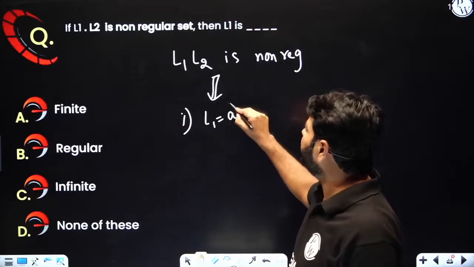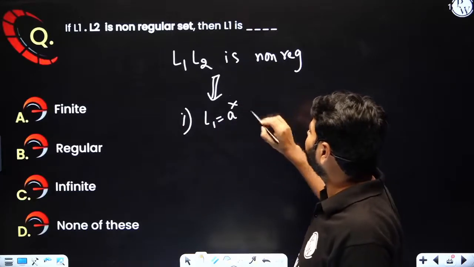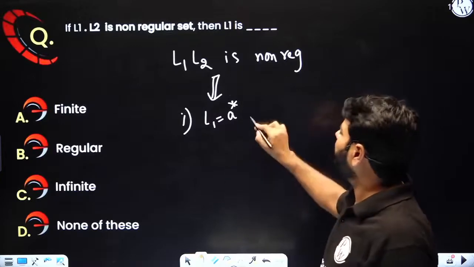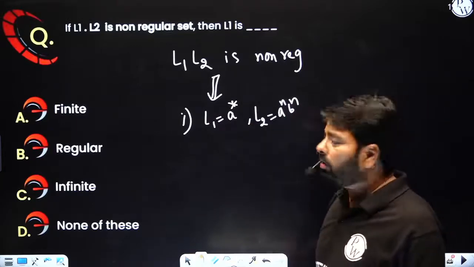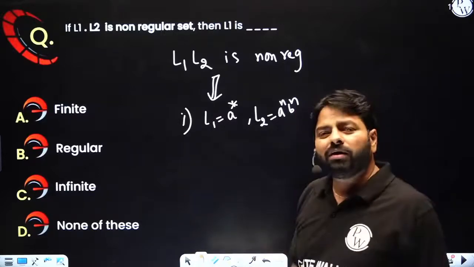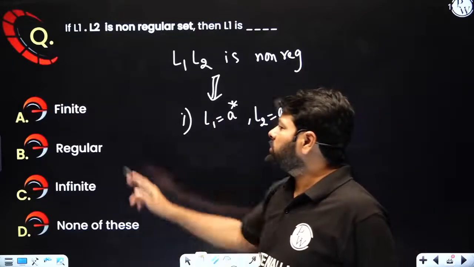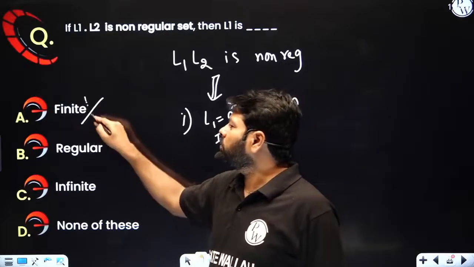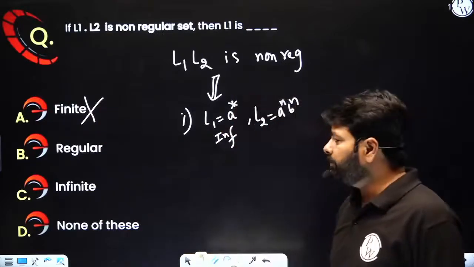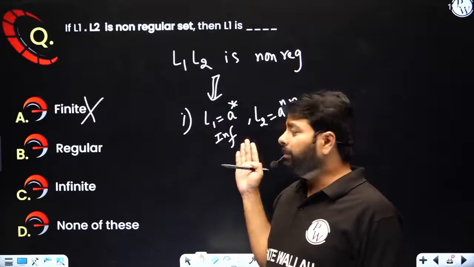Infinite in the sense, let's take A star, and I'm just taking L2 is A power n, B power n. So this will give you non-regular, no doubt. A star followed by A power n, B power n will give you non-regular. So here I'm putting infinite to produce a counterexample for option A. So it need not be finite, it may sometimes be infinite.